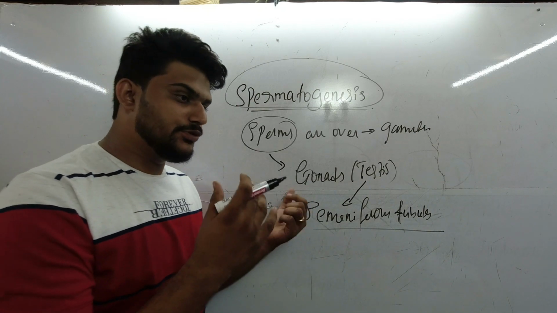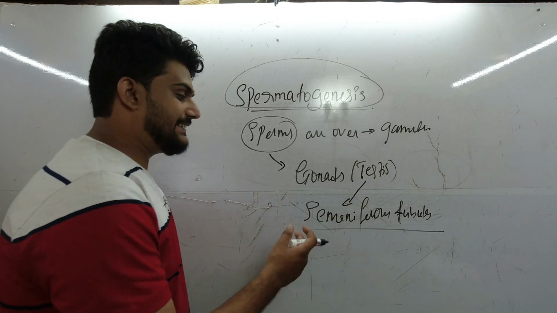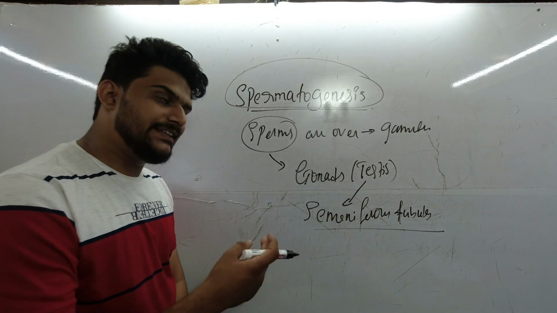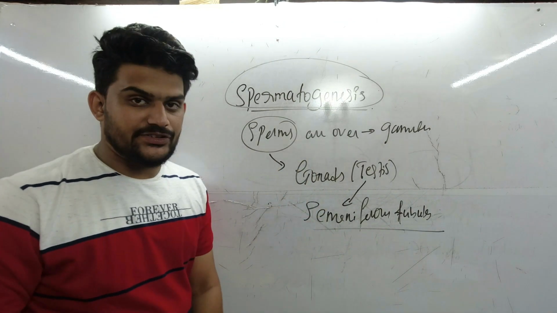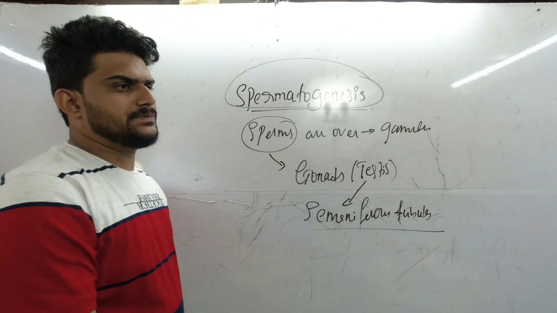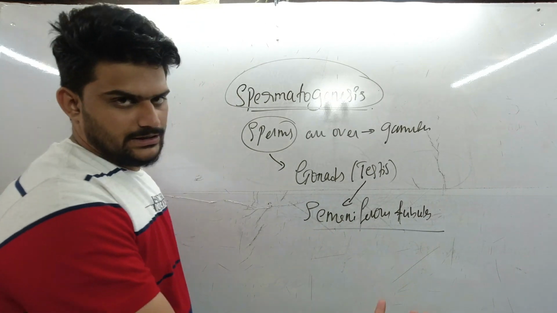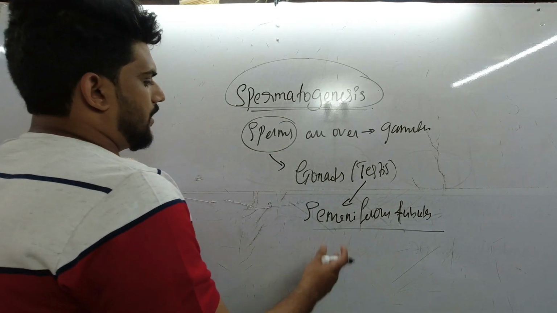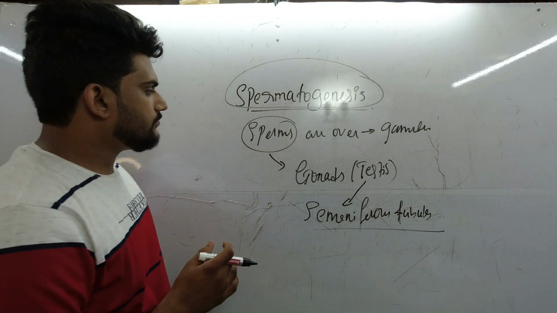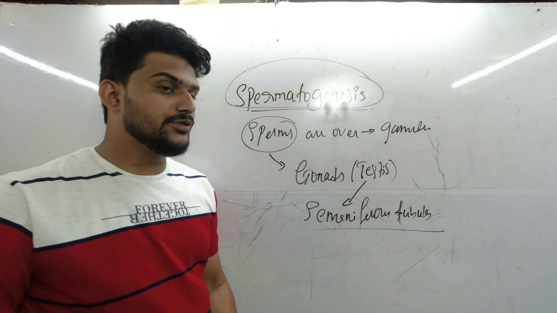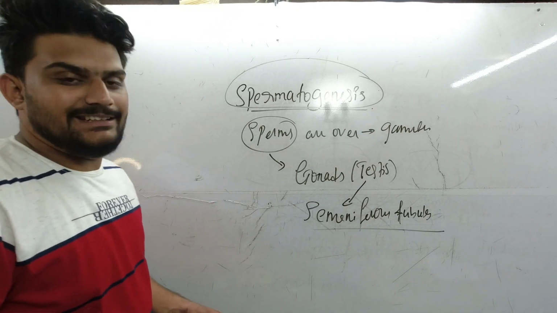In the seminiferous tubules, it is developed, and then it moves to the epididymis. Then it is ejaculated through the penis, which is used both for sperm and also for urination. Now, how it is formed is very important. In these seminiferous tubules, how is it formed? So let's learn that.